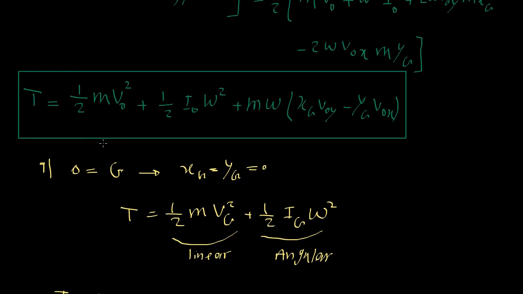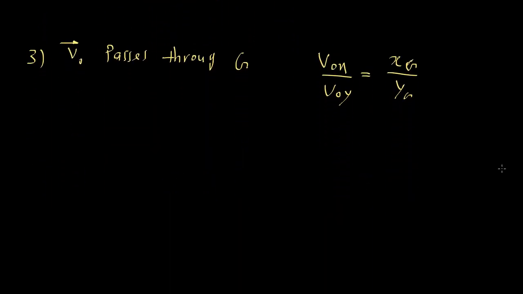And we only have these two terms here. So for this case, T would be 1 over 2 m VO squared plus 1 over 2 IO omega squared. But again, notice that this equation is not true at all times.